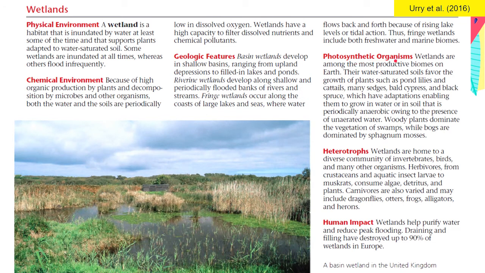For photosynthetic organisms, we mentioned they mostly are home to hydrophytes. So those are plants that are adapted to being submerged in water. Their water-saturated soils favor the growth of plants such as pond lilies, cattails, and others. Okay? And we've seen the different types of wetlands based on the type of vegetation that they have.